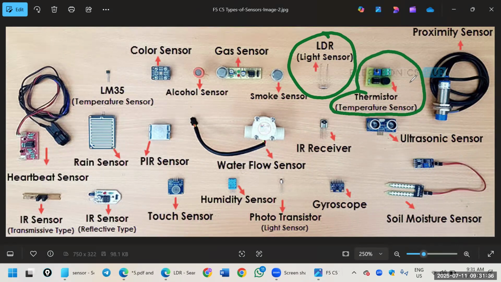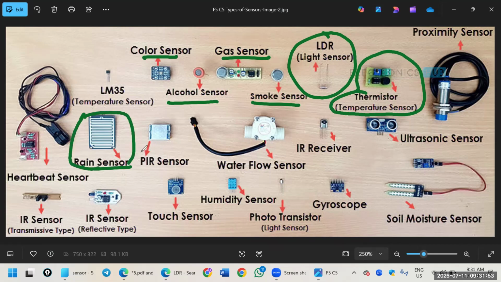Thermistor means temperature sensor. And we have smoke sensor, gas sensor, color sensor, alcohol sensor, rain sensor. In China, I saw many of them put this on the windows, so that the windows can close automatically when it rains. I feel I want to try.